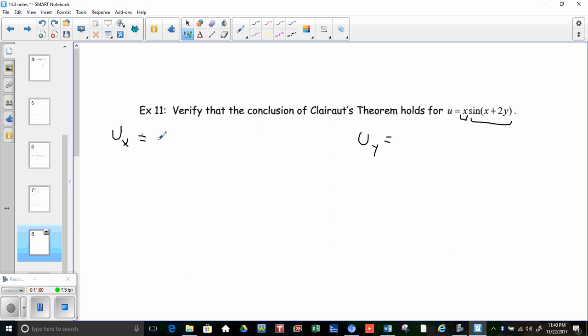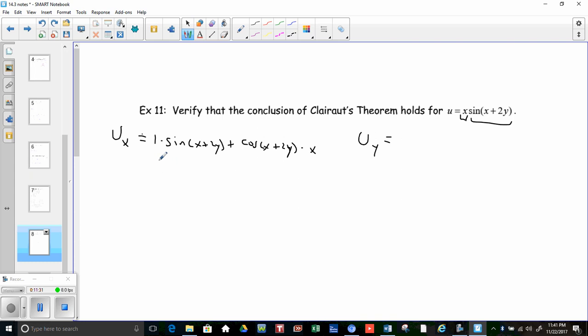So product rule: derivative of the first times the second, plus derivative of the second, so it's going to be a bit of a chain here, is cosine x plus 2y times the derivative of the inside, but that's with respect to x, so that's 1, that's constant, that's 0, so I don't have to write the times 1, and then times the first, which is x.